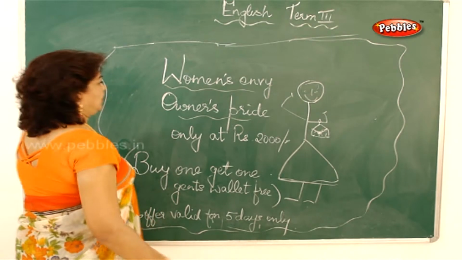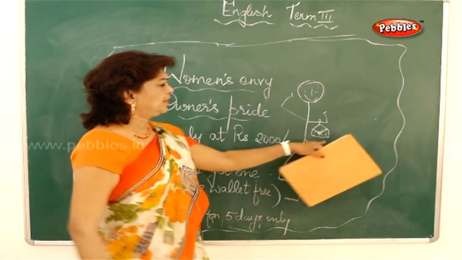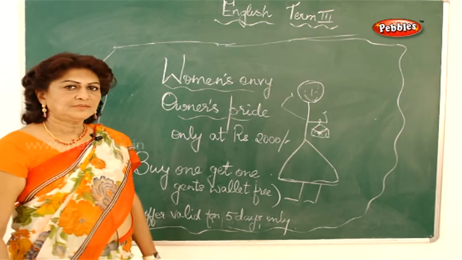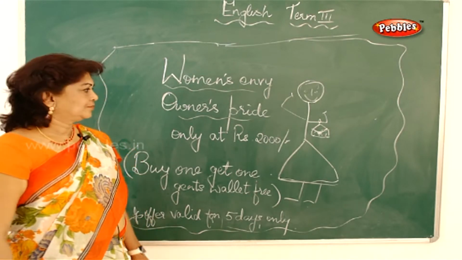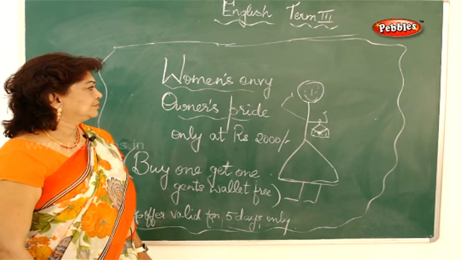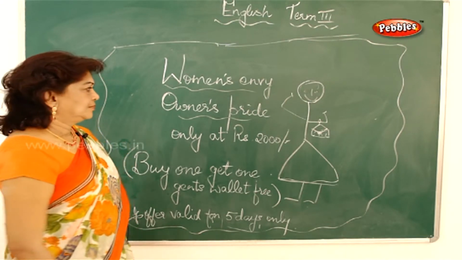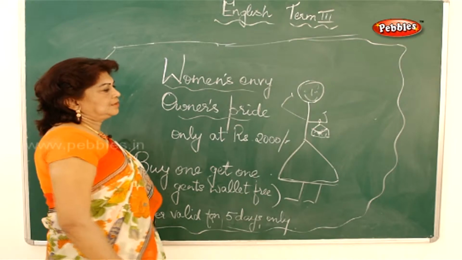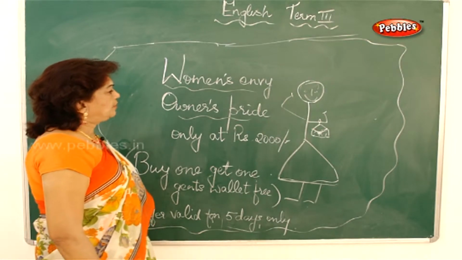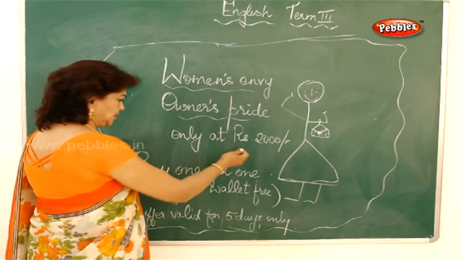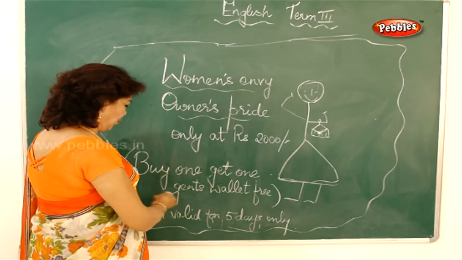Okay, and we should give a name for this bag. What shall we give? Come on, think. Women's Envy Owner's Pride is a slogan or the logo. This is the price. This is the offer.